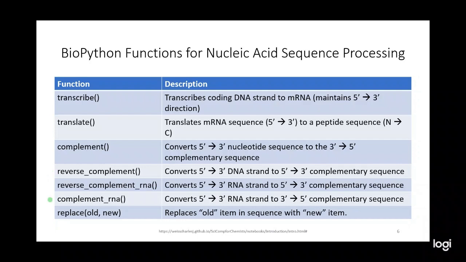The complement_RNA function converts the 5' to 3' RNA strand into its 3' to 5' complementary sequence. The replace function replaces an existing nucleotide or sequence with a new one. These functions make sequence analysis and manipulation much more efficient in BioPython.